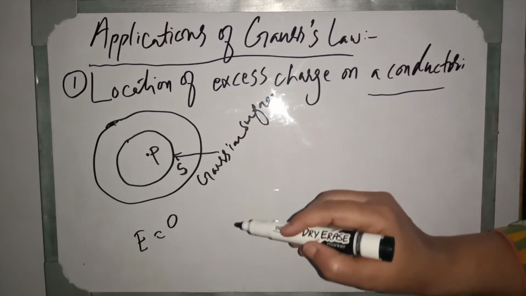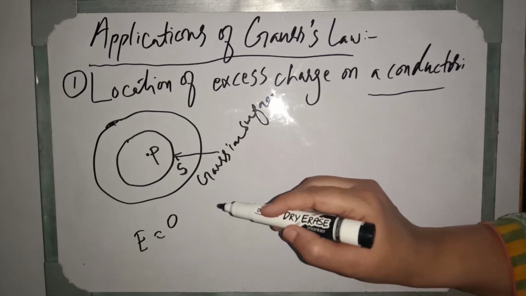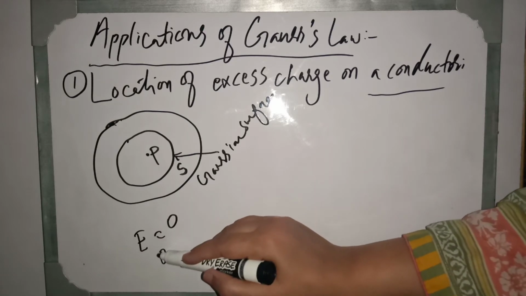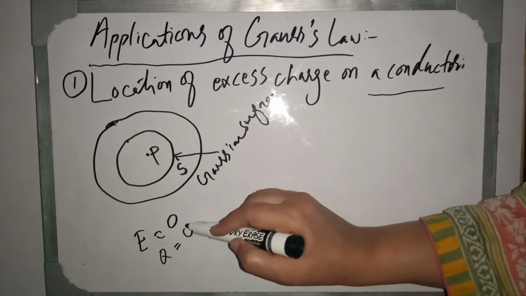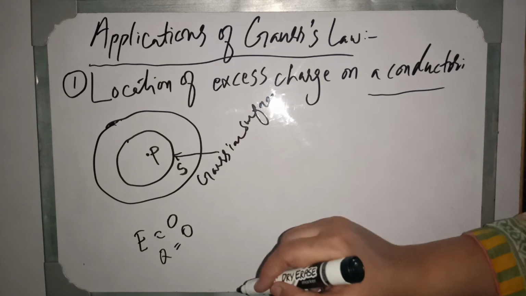And as E is equal to 0 everywhere on this surface, the net charge is also equal to 0 inside the conductor.